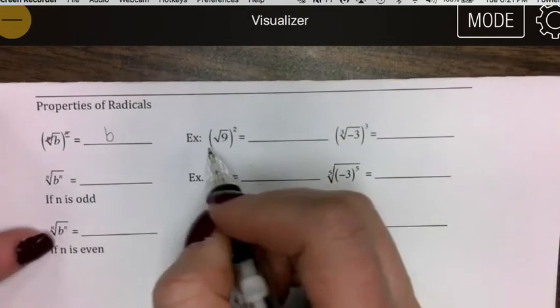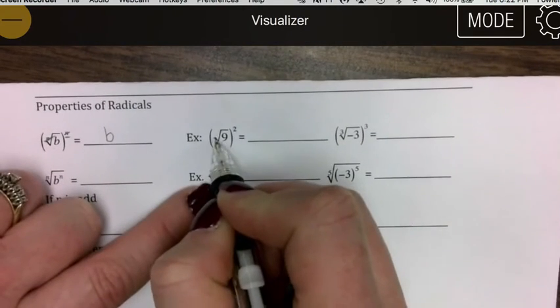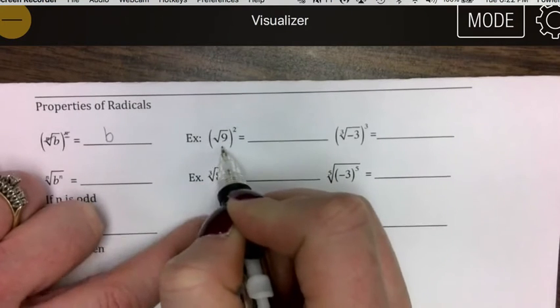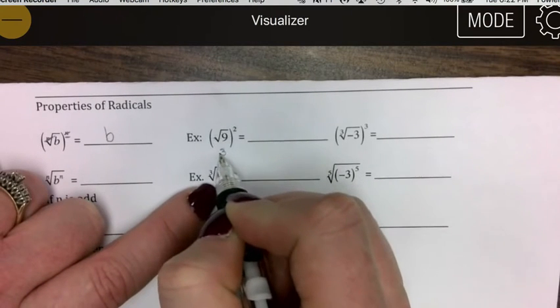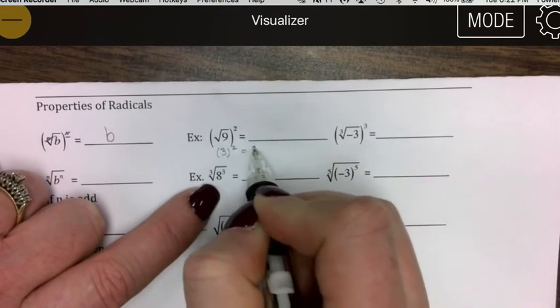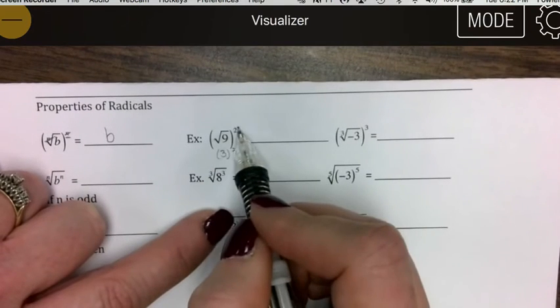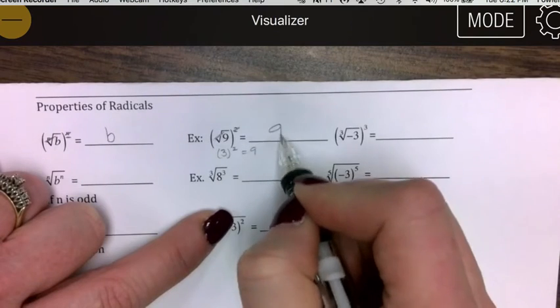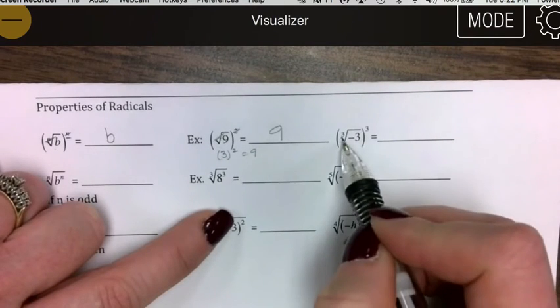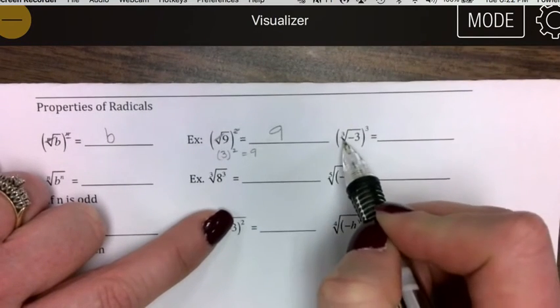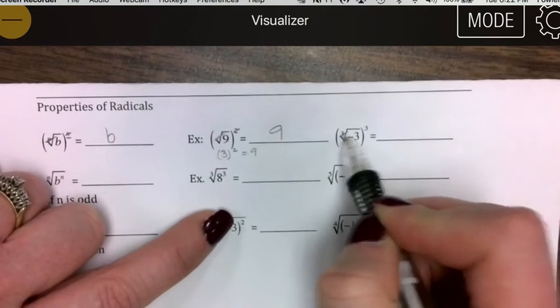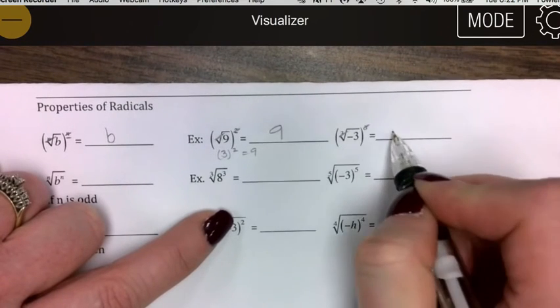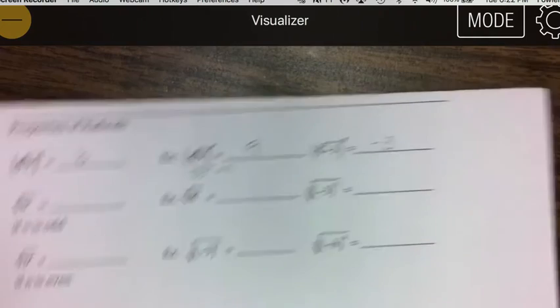So in example number 1, if you want to go the long way, the square root of 9 is 3, and 3 squared is equal to 9, or a square root and the power of 2 basically undo each other. The same thing with the cubed root of negative 3, cubed. A cubed root and a third power basically cancel each other out.